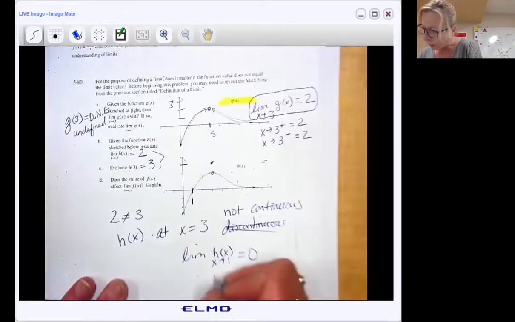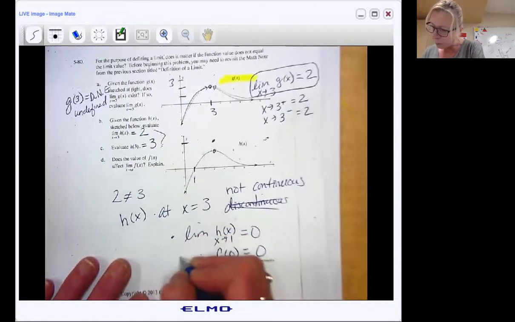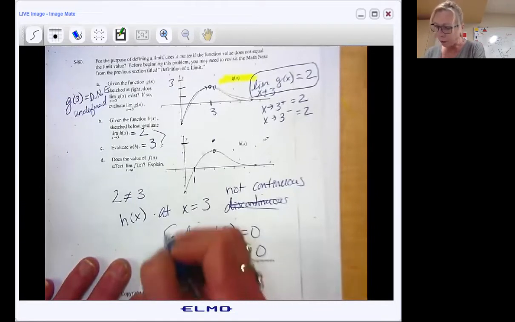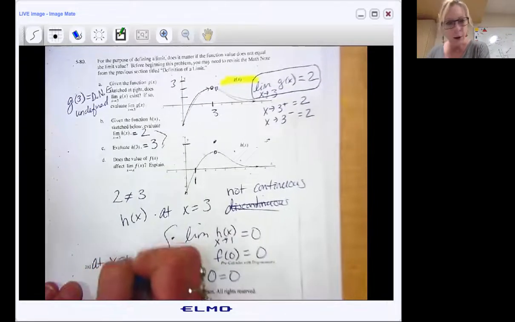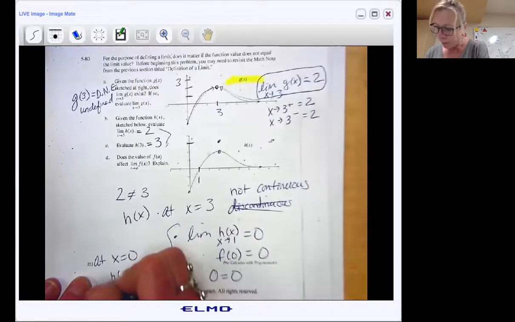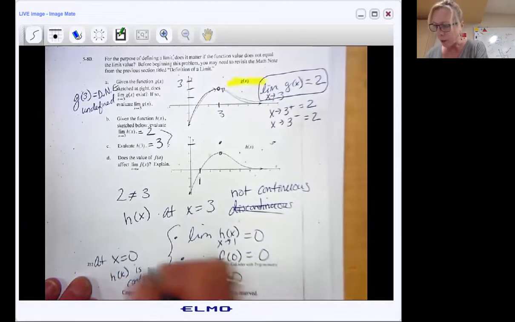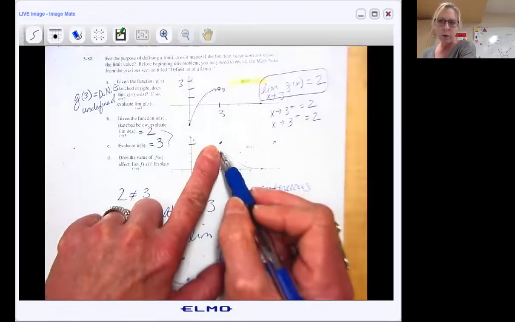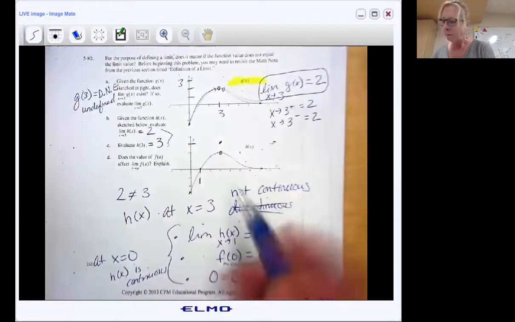The function value there is 0. Since this condition is equal to that condition, since 0 equals 0, these are the 3 conditions we would have to meet. So at x equals 0, this graph is continuous. You can use some logic there and see that it's continuous everywhere except where we have that hole, or maybe where we had a vertical asymptote.